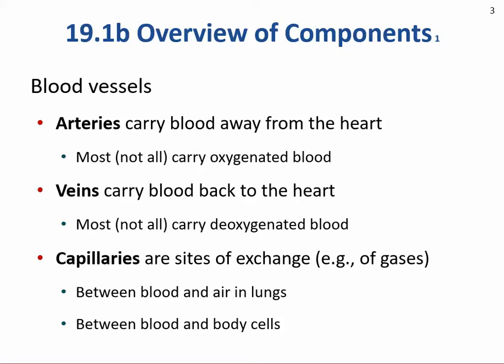The drains from the sink and from the toilet and everything all come back. Those are like the veins. The capillaries are like the appliance. It's like the sink or the shower or the dishwasher, whatever. It's where we actually use the water. It's the same here. Capillaries are the organs of exchange.